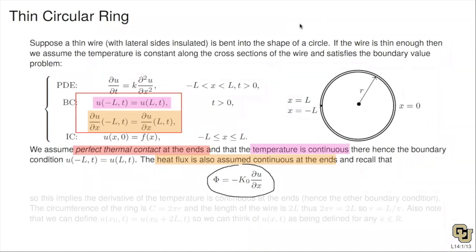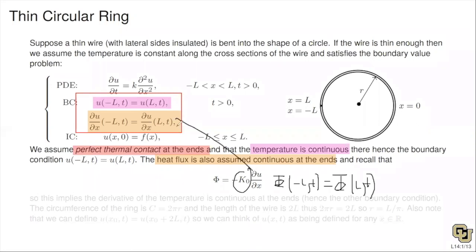Here, what we're saying is that phi, which itself is a function of x and t, satisfies phi of negative L comma t equals phi at capital L comma t. And then when you cancel the negative k sub zeros, I got away with my writing for today. Yes, got to practice every day. So when you cancel the negative k sub zeros, you end up with this equation.